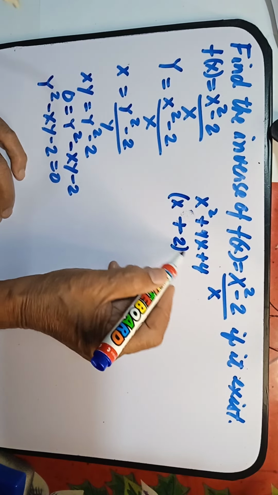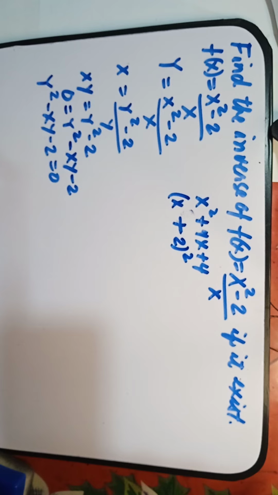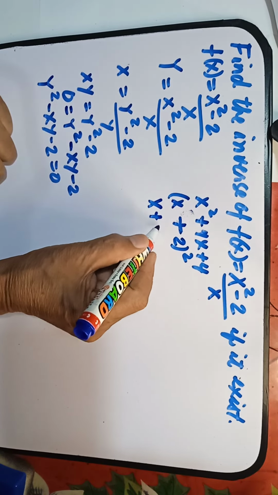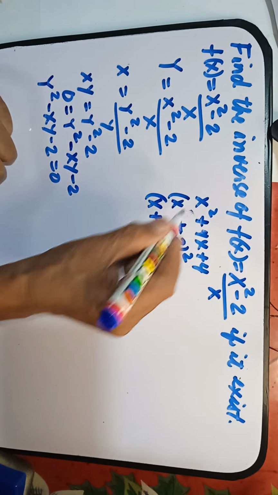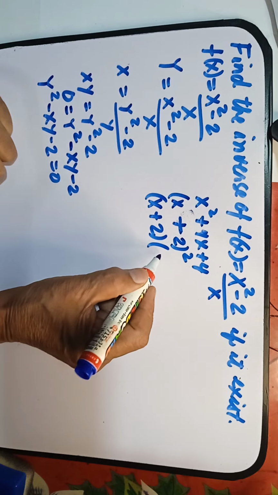So you square that, and if you are going to use the FOIL method, you multiply that, you will go back to x square plus 4x plus 4.